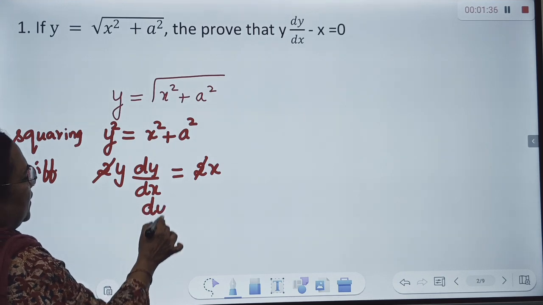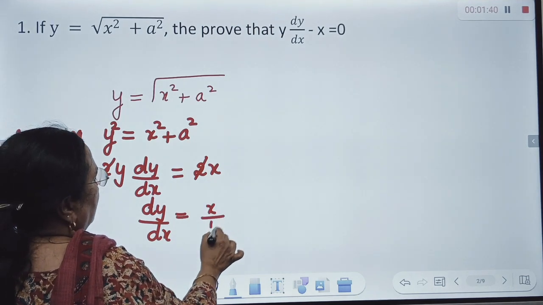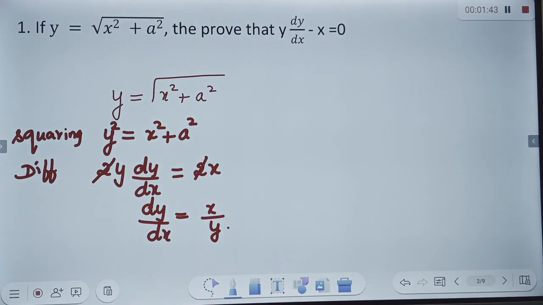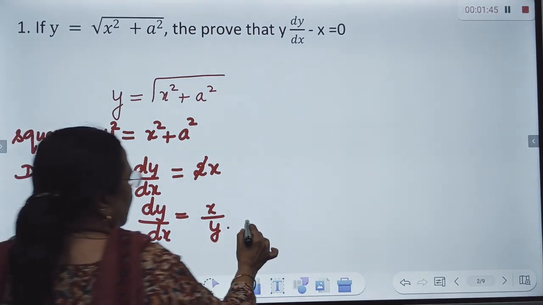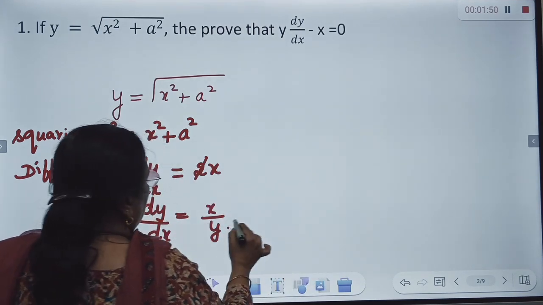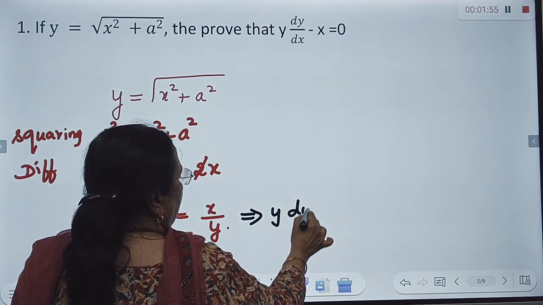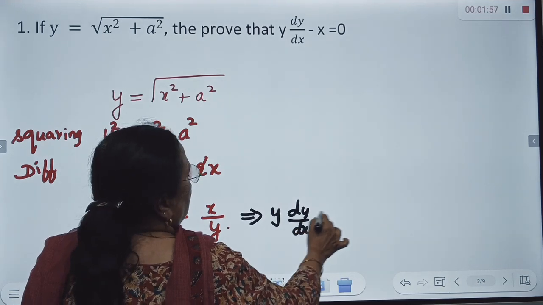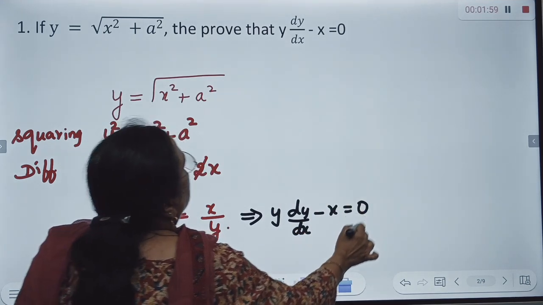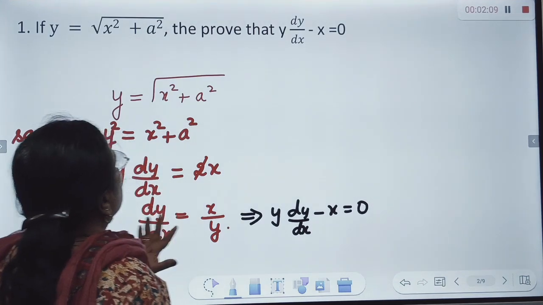So dy by dx is equal to x by y, which is same as saying, if I cross multiply, y into dy by dx minus x equal to 0. So if y equal to root of x square plus a square, dy by dx into y minus x is equal to 0. Very, very simple.